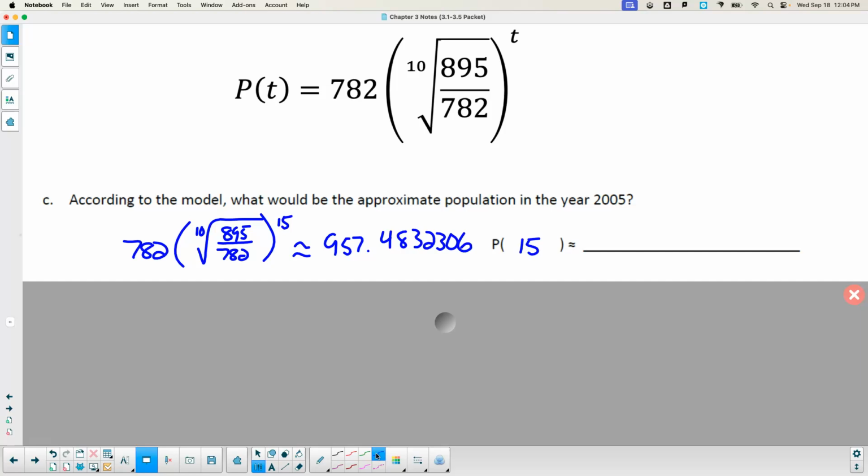But what do I have to do to find the actual population? Multiply by 1,000, moving the decimal point to the right 3 spots. What about the 0.2306 after that? Round, so chop it off. Because we can't have 0.2306 of a person. So this would be 957,483 people living in San Jose.